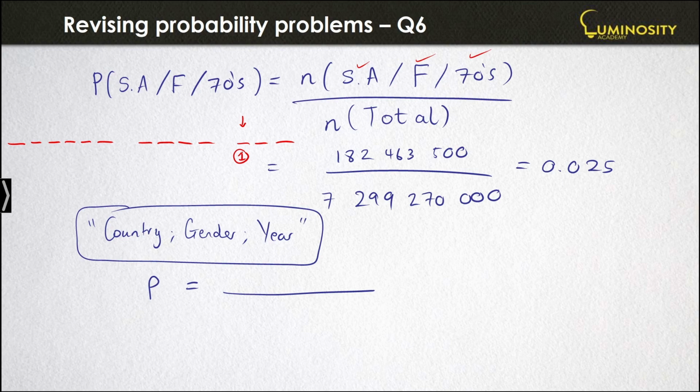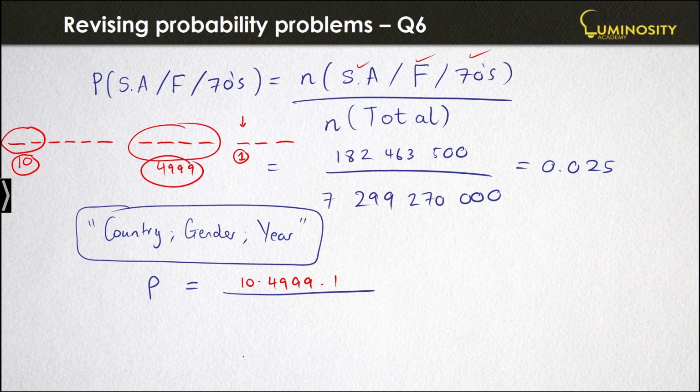For the 1970s, there were only 10 different possibilities from 1970 to 1979. And gender for female was 4999. So by the fundamental counting principle, it's 10 times 4999 times 1. That's for the specific case.